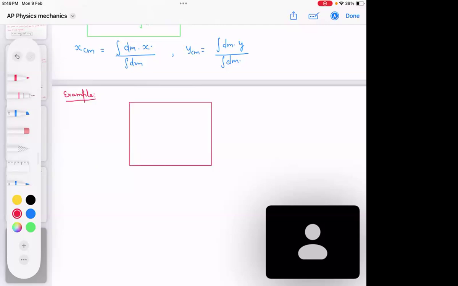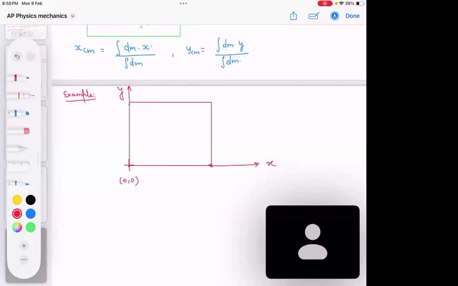Let's take this side of the square along the x-axis, and this side along the y-axis. And this will be the origin for us, meaning this coordinate is 0, comma 0.